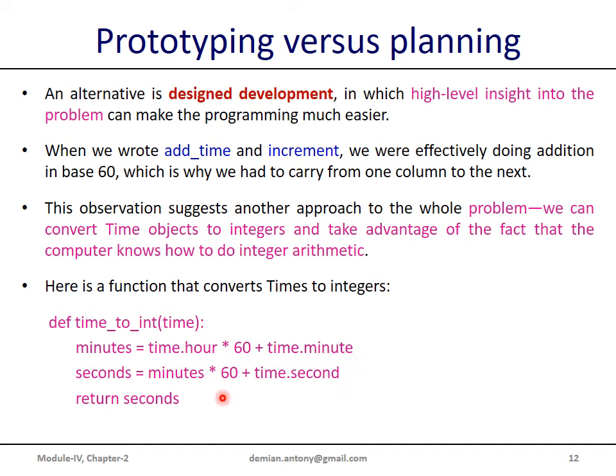Then we take up the minutes and the seconds in the time object as well, and we convert into seconds, and this seconds represents the integer number which is equivalent to the time object, and finally we return the seconds.